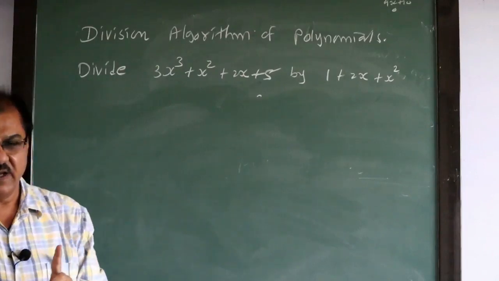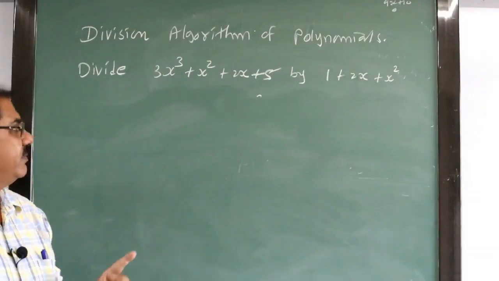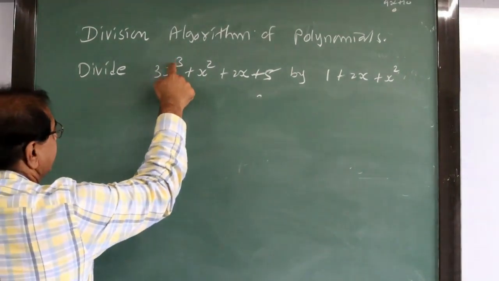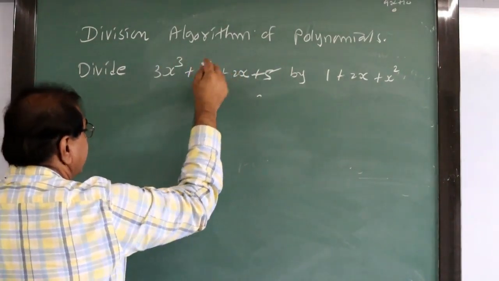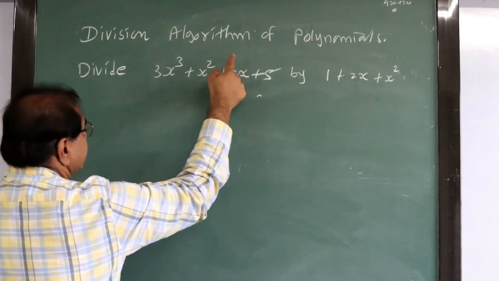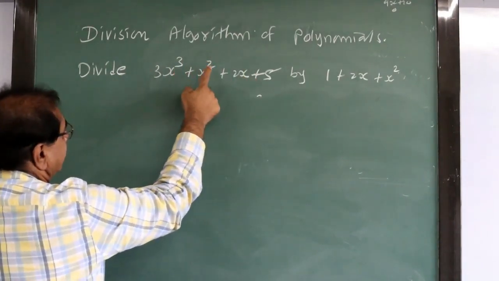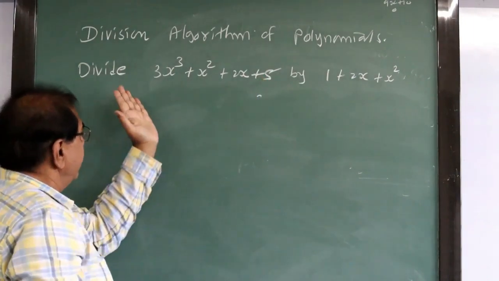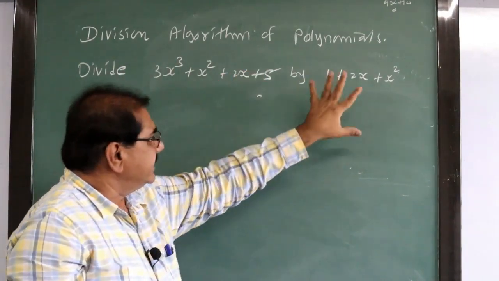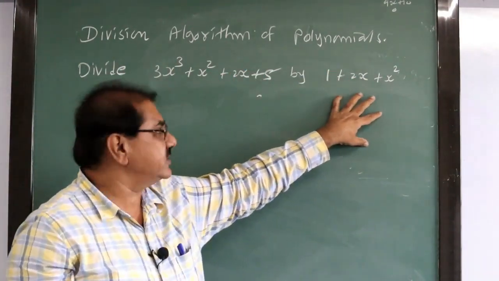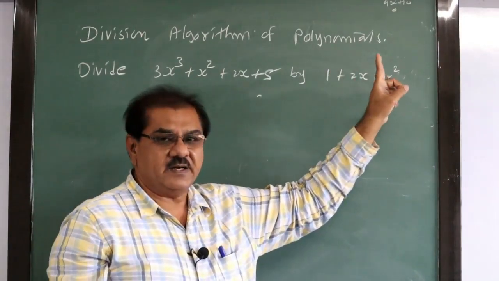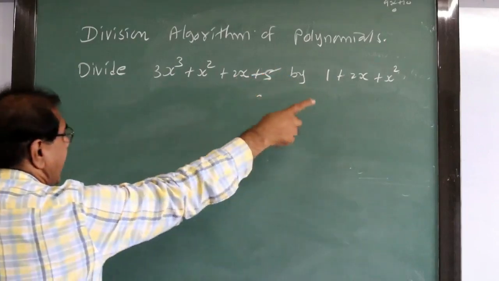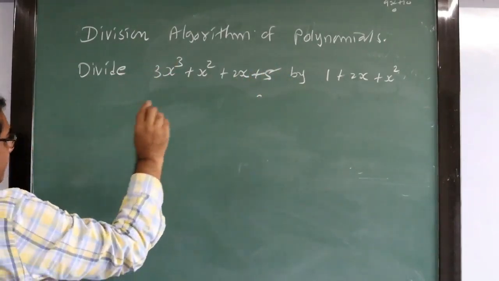When you divide a polynomial by a polynomial, one thing is certain: the degree or the index of every term should reduce by 1, raised to 3, raised to 2, raised to 1, and raised to 0. If it is in descending order, then in the divisor polynomial also the index should be in descending order. So we have to rearrange this when we write it as the divisor polynomial.